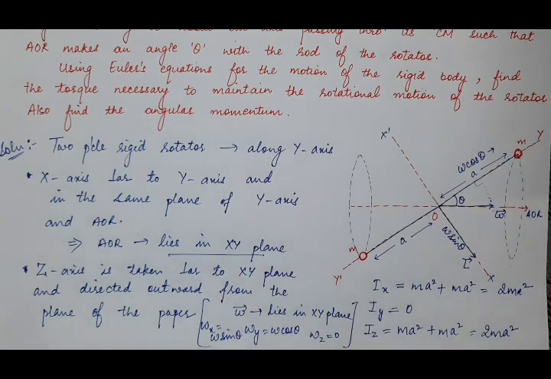So now we have found out the values of principal moments of inertia, and also the components of angular velocity, and now we will put all these values in to calculate the torque required to maintain the rotational motion of this rotator by using Euler's equations of motion for the rigid body.